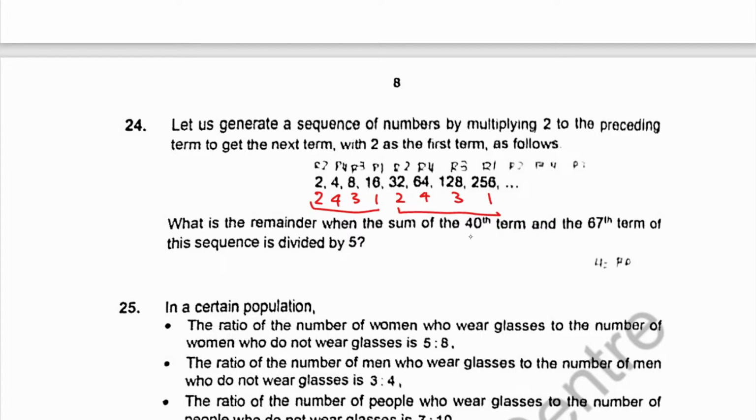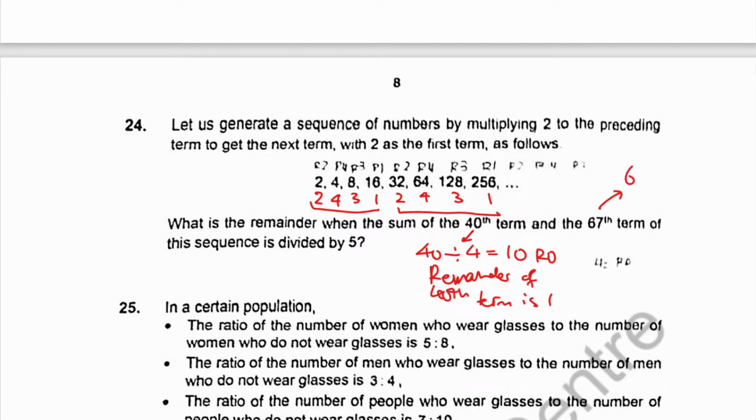So for the 40th term, if I take 40 divided by 4, it's 10, remainder 0. This means that the remainder is 1. So the remainder of the 40th term is 1.